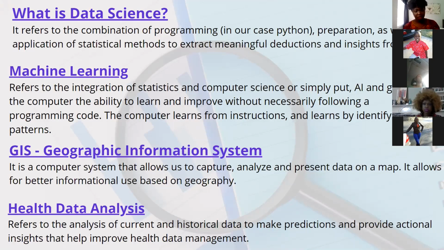With that, we're connecting it with health data analysis, which refers to the analysis of the current and historical data to make predictions, because this is what we're going to feed our systems. It provides actionable insight that will help us improve health data management, which is very key right now because it helps us in how we are going to respond to cases of COVID.